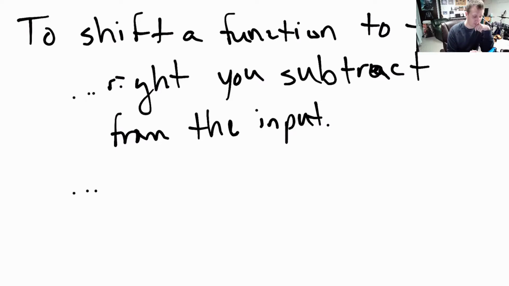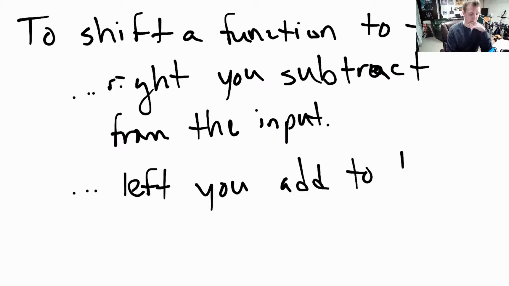To shift a function to the left, you add to the input. Okay? And that has the same explanation. Moving the graph to the left can be accomplished by moving the x-axis to the right. And I'm not going to do an example of that, but it's almost synonymous with what we just did.